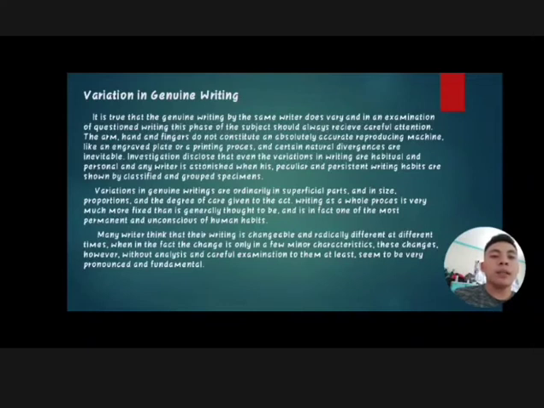Writing as a whole process is very much more fixed than is generally thought to be, and is in fact one of the most permanent and unconscious of human habits. Many writers think that their writing is changeable and radically different at different times, when in fact the change is only in a few minor characteristics. This change, however, without analysis and careful examination, may at least seem to be very pronounced and fundamental.